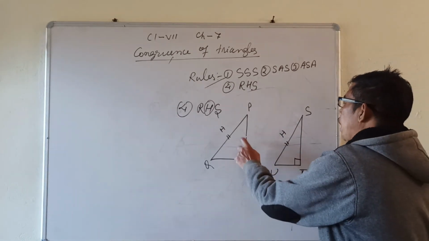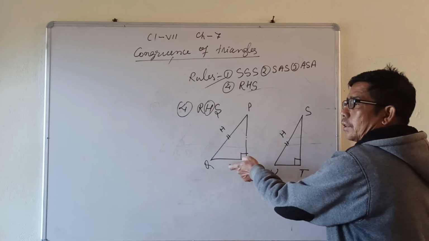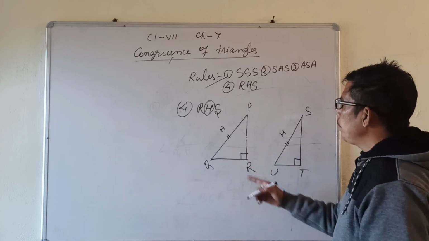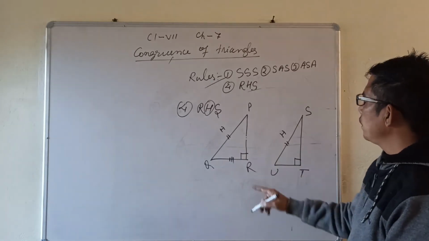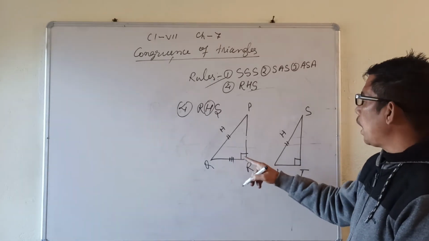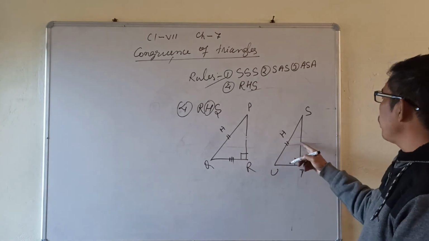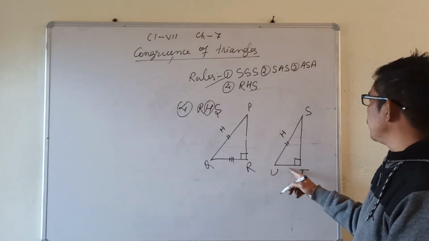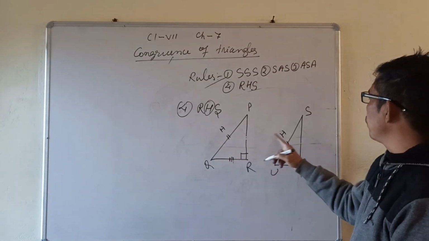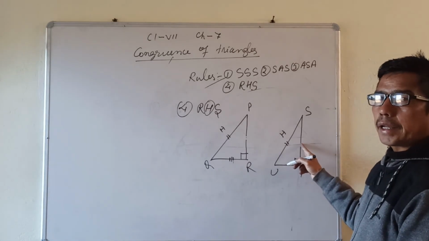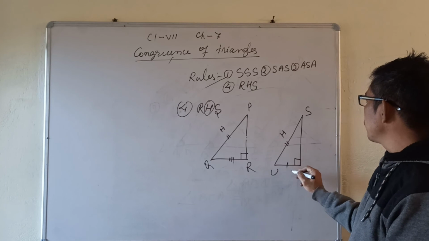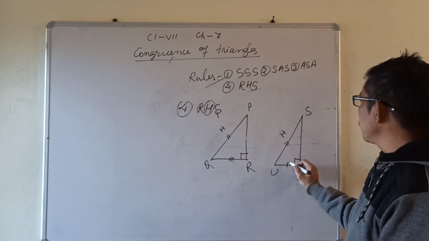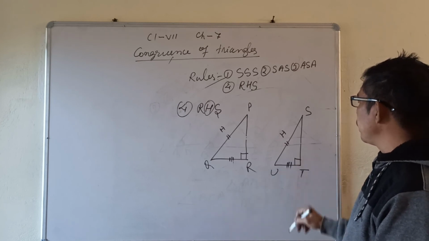And one of the two remaining sides can be this or this, and it must be equal to one of the remaining sides of the other triangle, as the case given in the question. So let's take this, PR, equal to UT.